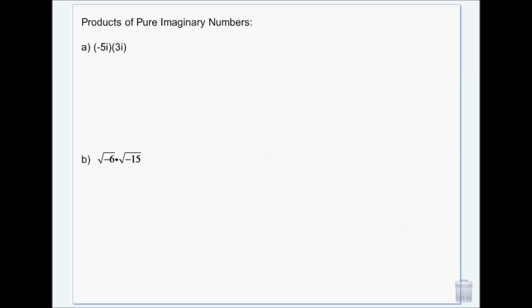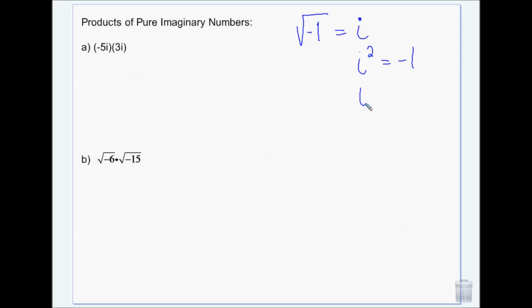Now we can multiply pure imaginary numbers together. So just over here on the side, if the square root of negative 1 is i, then i squared equals negative 1. Okay.